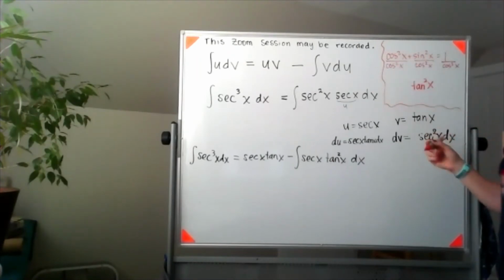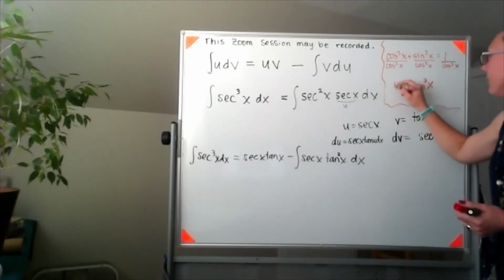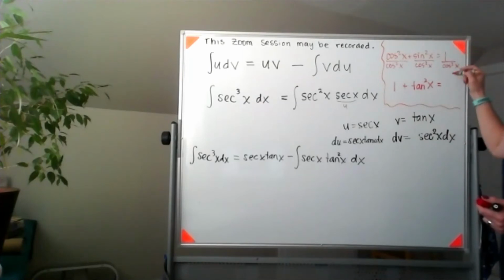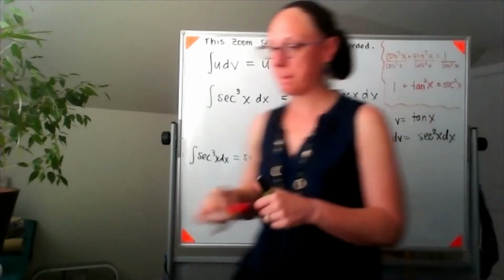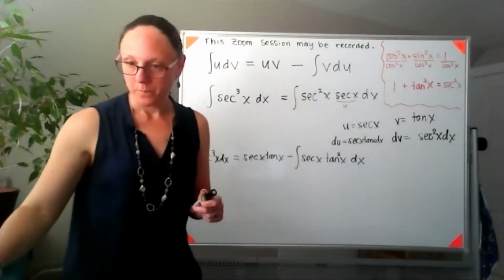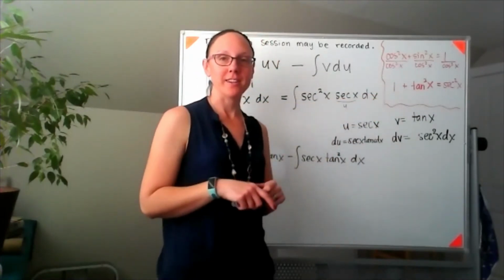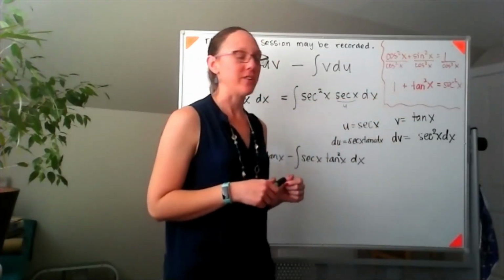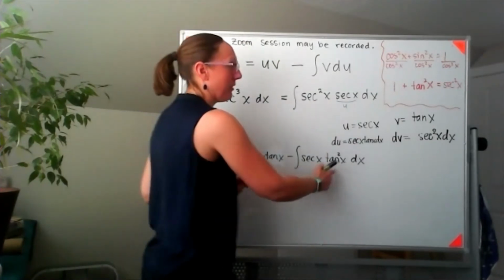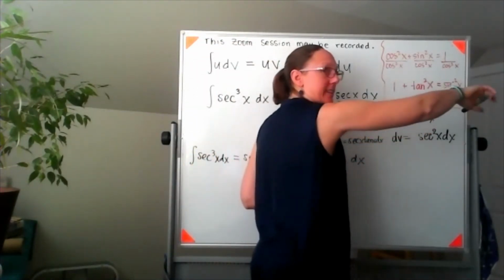Cosine over cosine, well, that's equal to 1. And 1 over cosine is secant. And now, if I rearrange this, I can trade that tangent squared x for secant squared x minus 1.